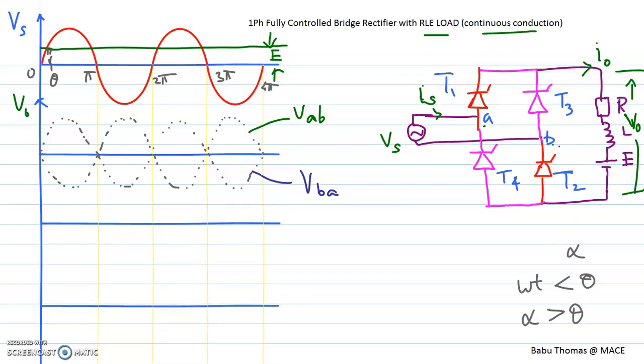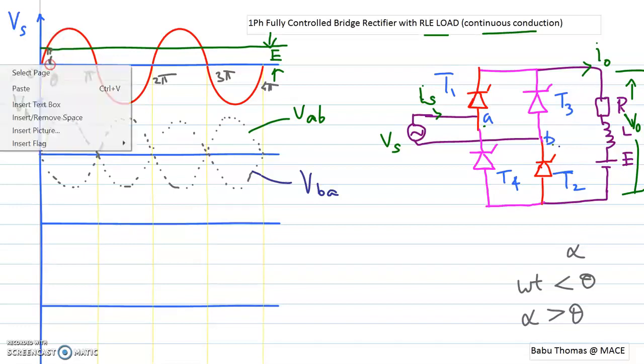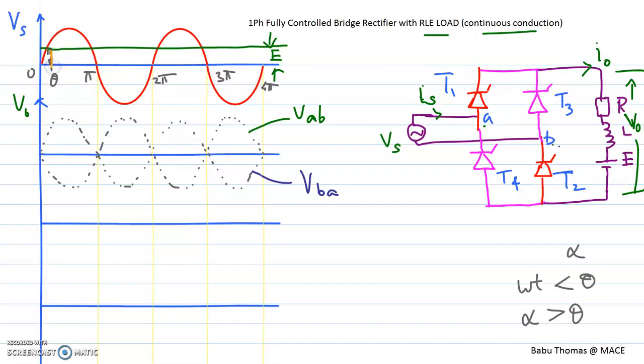And that firing angle alpha I am going to mention at the same instant of theta here. That is, at the same intersection I am going to give my firing angle. So this theta, now I will just remove it. That was just for our understanding purpose.